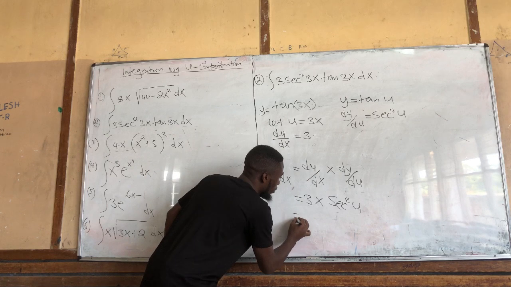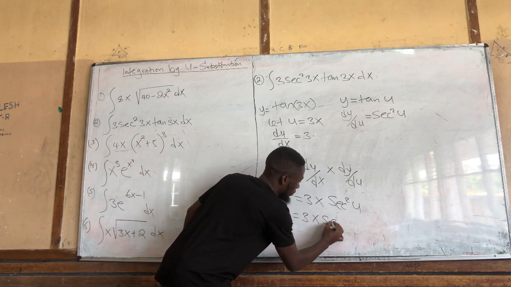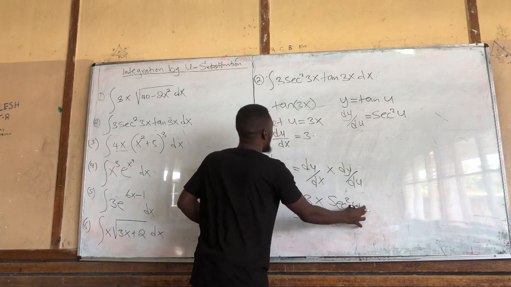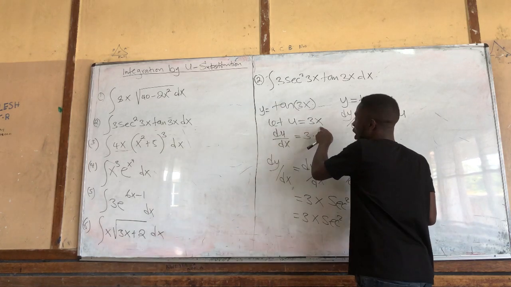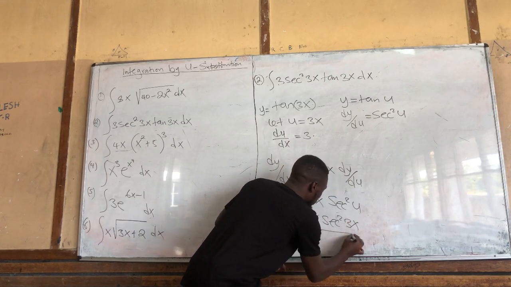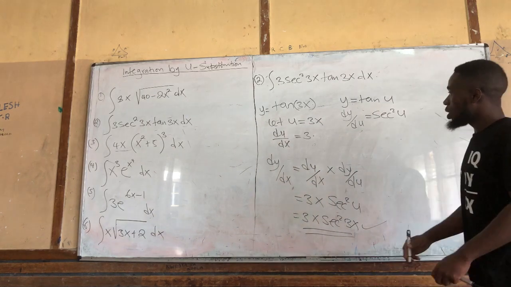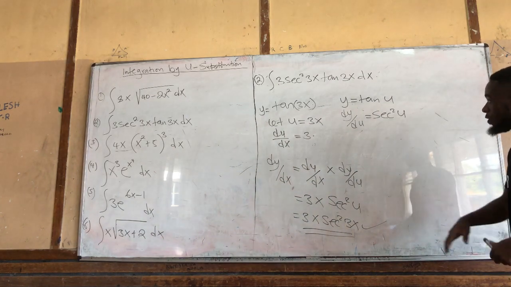Then this will be equal to 3 multiplied by sec squared u. And what is u here? u is 3x. So we need to replace it. So this is the derivative for tan 3x.